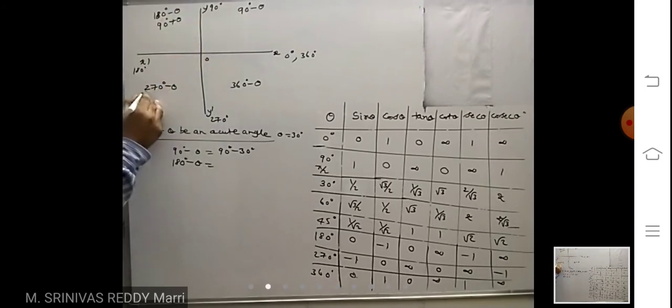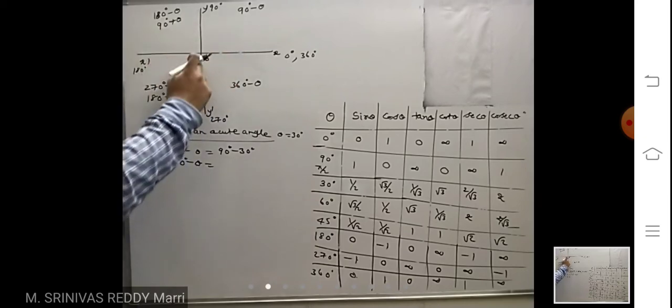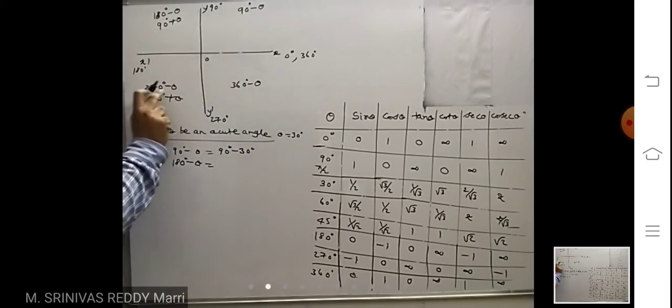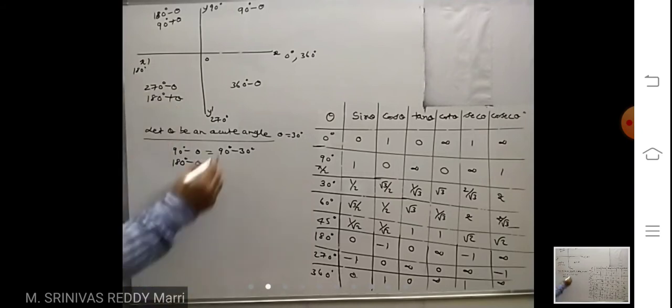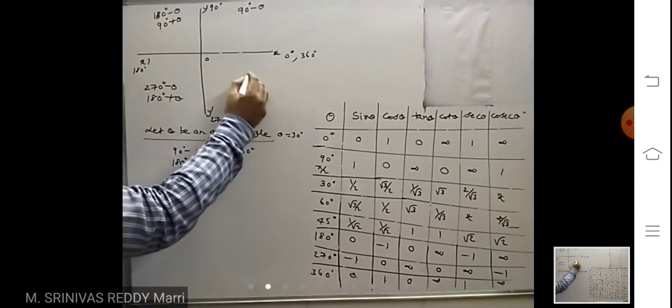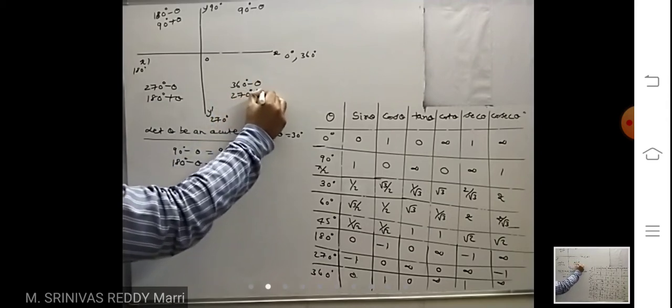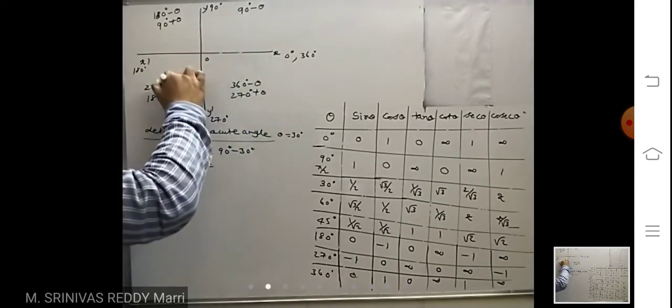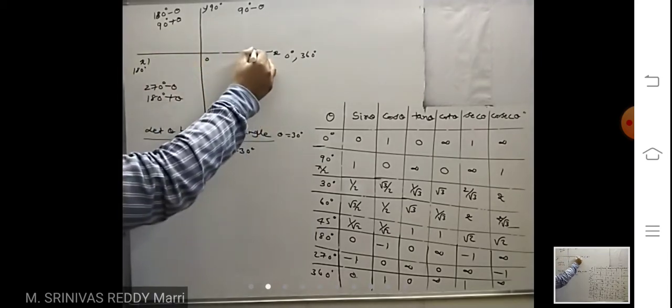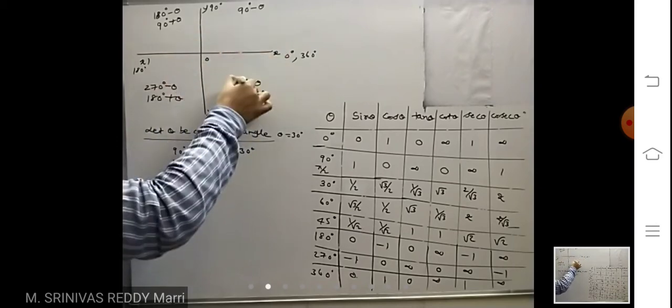Look at here. Here you can write 270 minus theta or 180 degree plus theta. Look at, till here 180, and then 180 plus some angle, or otherwise till here 270, and then less than 270. Now here, you can write 360 minus theta or 270 degree plus theta. 270 plus some angle, till here less than 360.